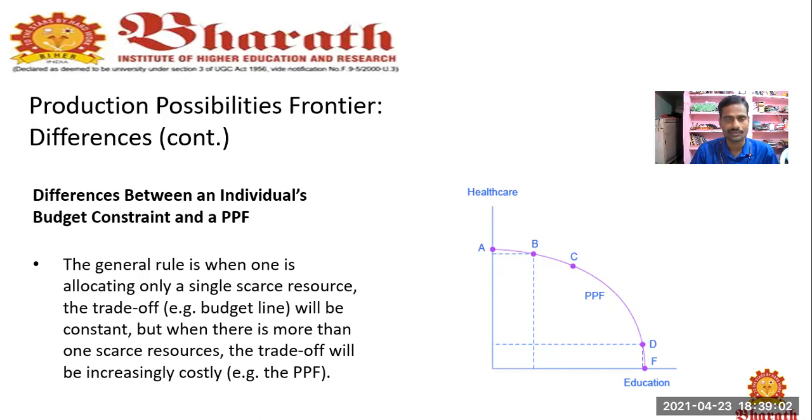Given this income, we have to spend like this. Society also faces scarcity. The general rule is when one is allocating only a single scarce resource, the trade-off will be constant. But when there is more than one scarce resource, the trade-off will be increasingly costly.